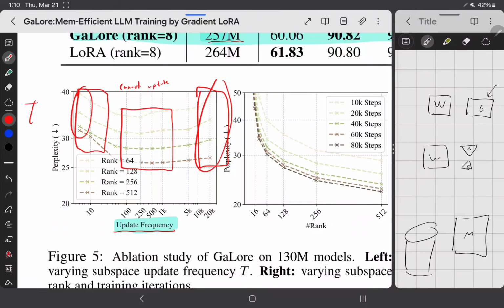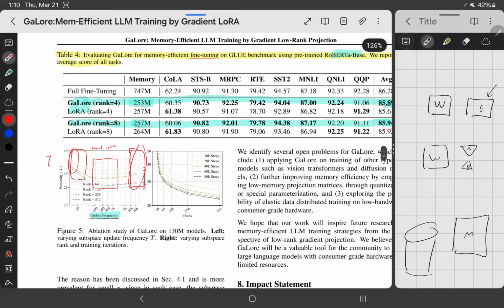And here, you're not changing subspaces enough, so it may converge in a subspace and be done optimizing that part of the subspace, but keep on optimizing it, making it kind of useless because you don't need to update that part of the subspace anymore. So yeah, it's always a trade-off.